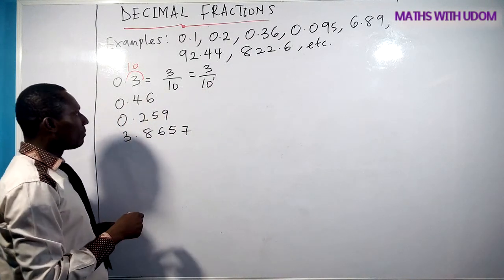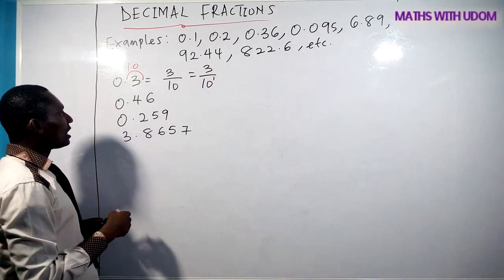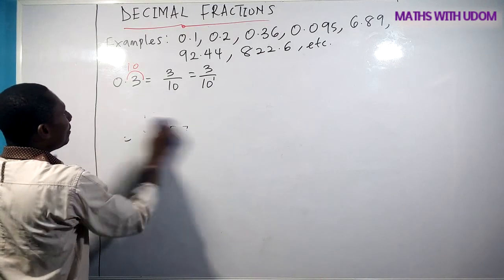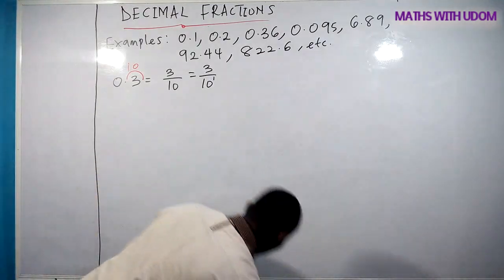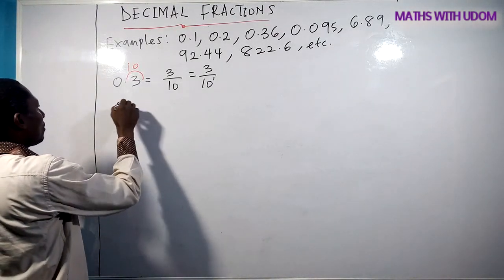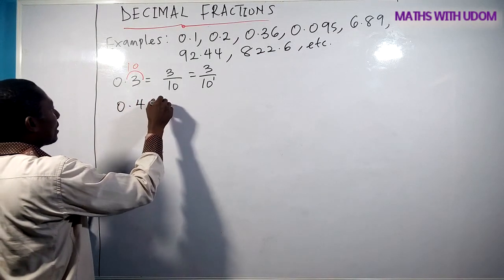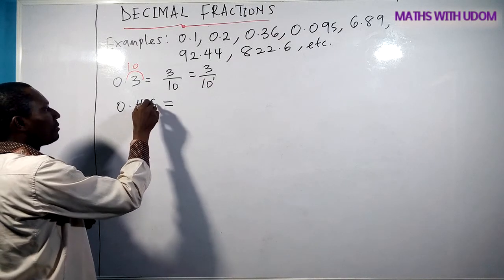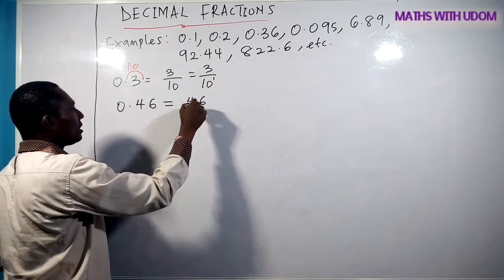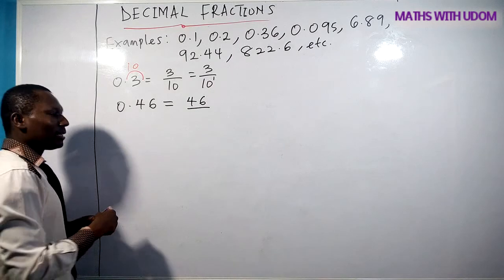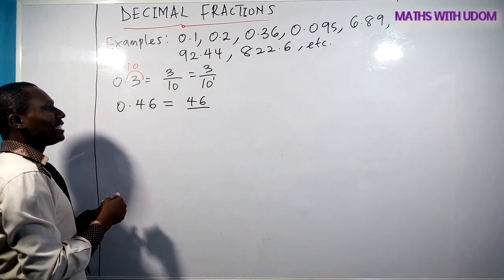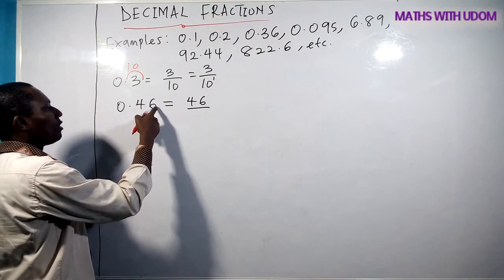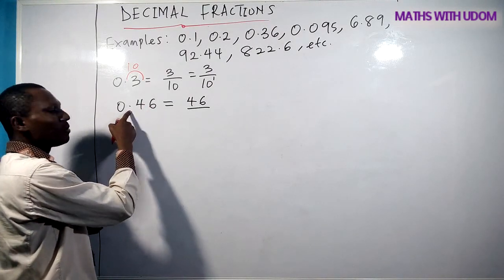Let's add the second number, which is 0.46. Let me clean these other ones because of space. 0.46 can be rewritten as 46, this is the lump sum. So I have 46 divided by what number? I'm going to divide it by a number that is a power of 10. So let's move from the front of 6 backward till we get to the decimal point.